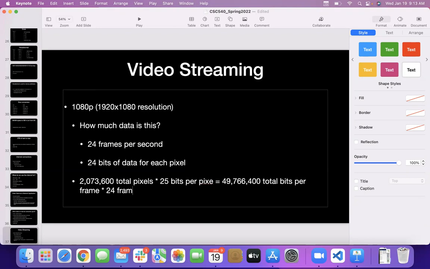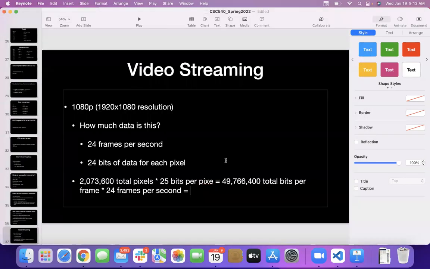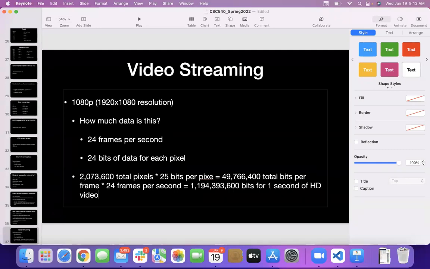Times 24 frames per second equals that number. All right, so that gets us 1,194,393,600 bits for every 1 second of HD video.